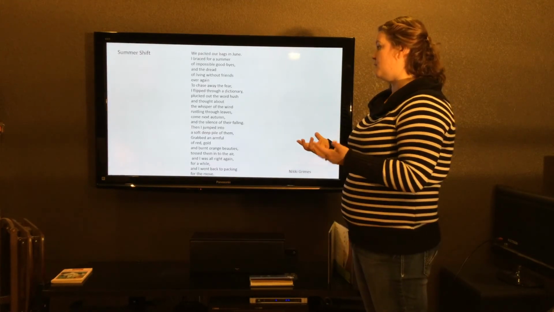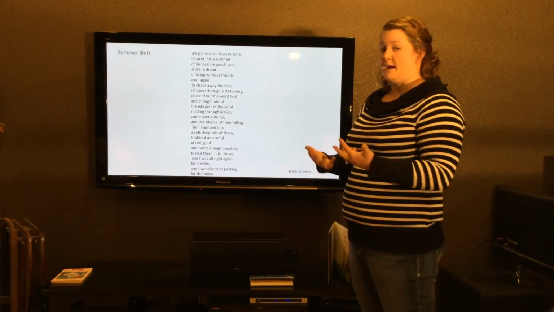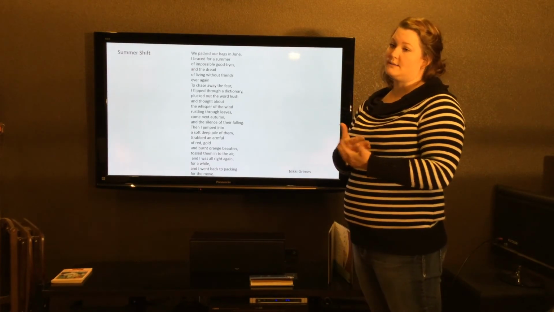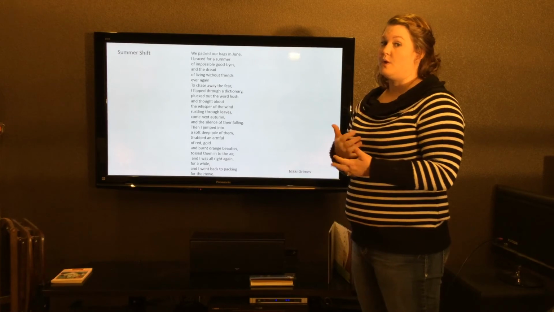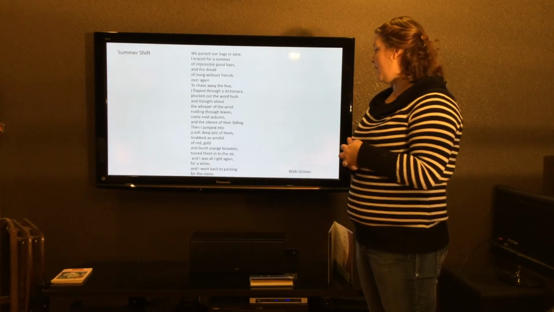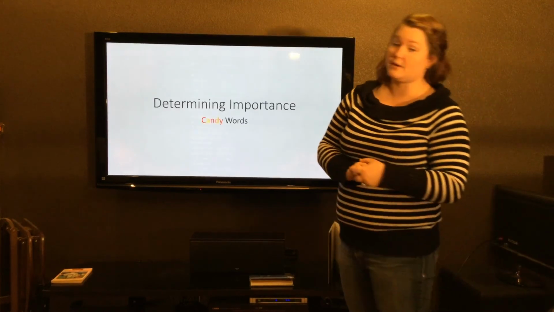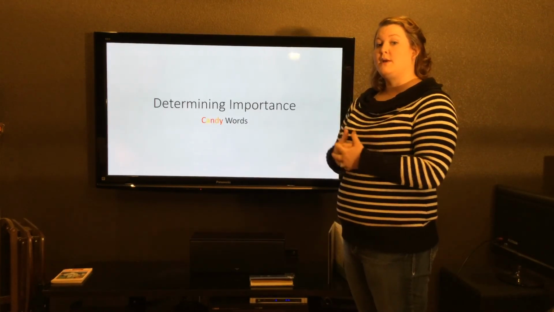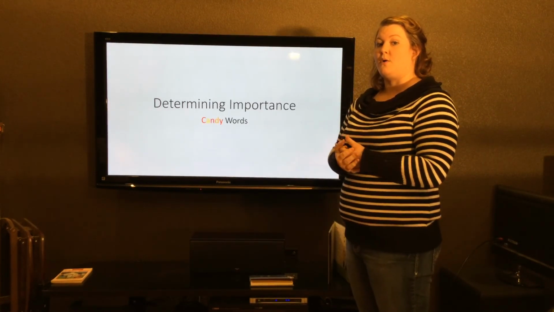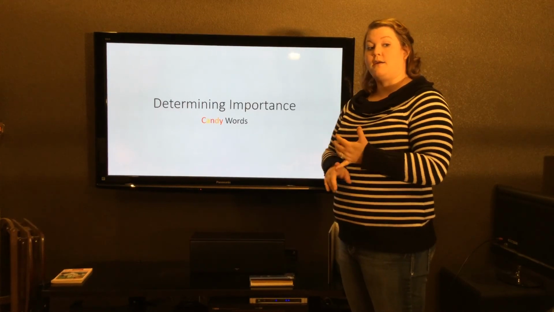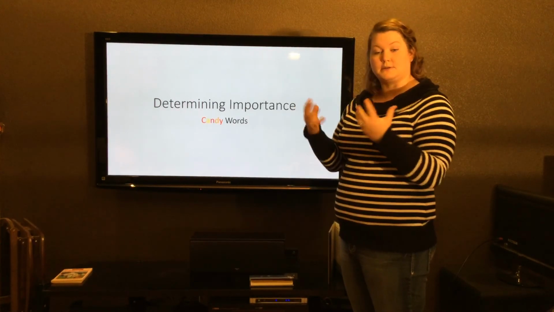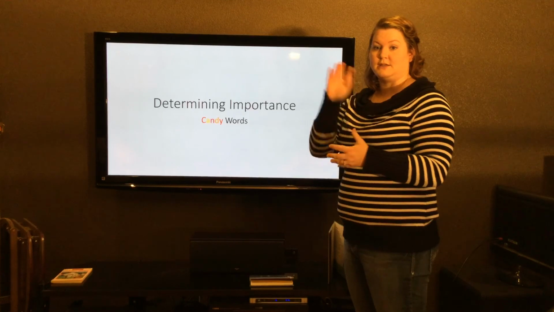So from these things, what you're going to do is make a mind map of what's important in the poem to you, what you think is important. Okay? And that concludes our determining importance in poems. Next time we're going to talk about determining importance in paragraphs and sentences and chapters as a whole. Until tomorrow.